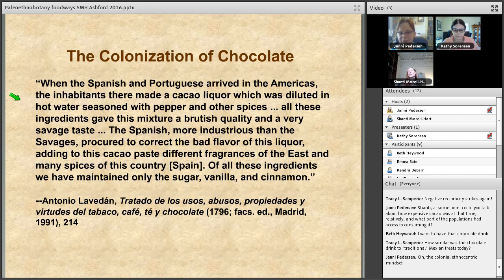So this is language that we see during the colonial period and post-colonial period, in different sorts of documents related not just to cacao, but to how people practiced religious activities of different kinds, how people dressed, what they wore, how they adorned themselves, their daily activities, how they cultivated their food.